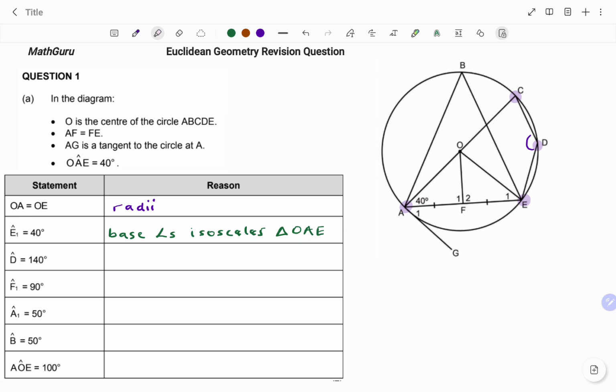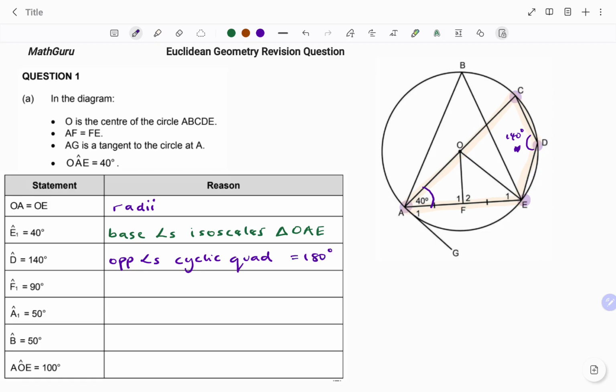And what this means is ACDE is a cyclic quadrilateral. The opposite angles of a cyclic quadrilateral add up to 180 degrees. So we have one side equals 40. So to make that up, the other side will be 140 because 140 plus 40 makes 180 degrees. So the reason will be opposite angles of a cyclic quadrilateral add up to 180 degrees.